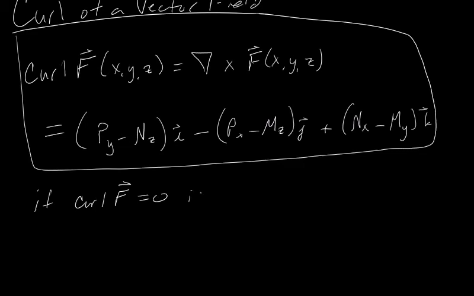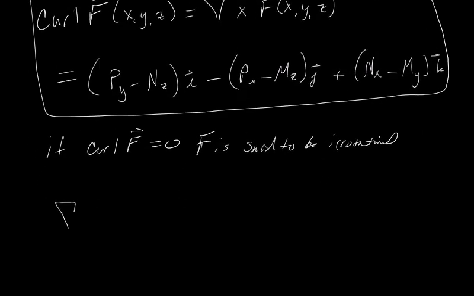One more time, here we go. F is said to be irrotational. Okay, so now that differential operator, if you need to think about crossing the differential operator with something, think of it as this. Think of the differential operator as being the vector, the partial with respect to x, the partial with respect to y, and the partial with respect to z.